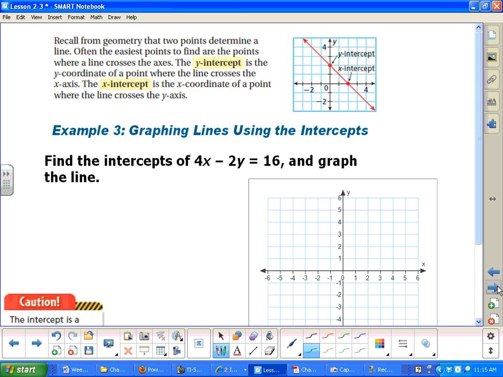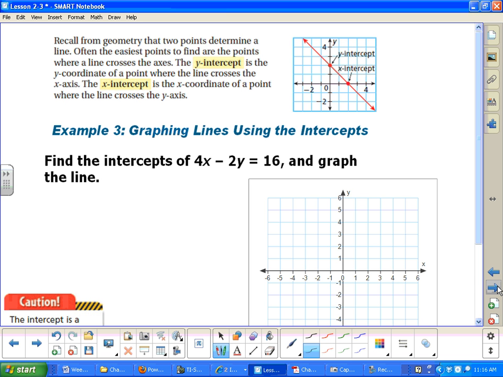Okay, intercepts. All right. We have things called x-intercepts and y-intercepts. What does it mean when I say an x-intercept or a y-intercept? Nolan? Okay, good. Where it crosses the x and y axis.